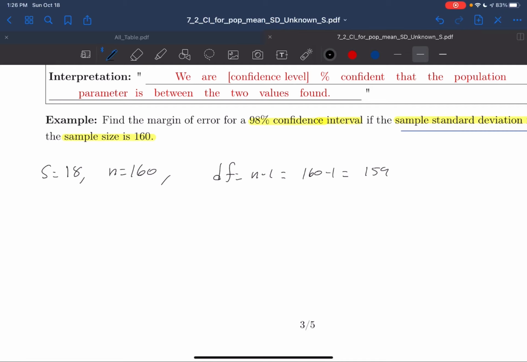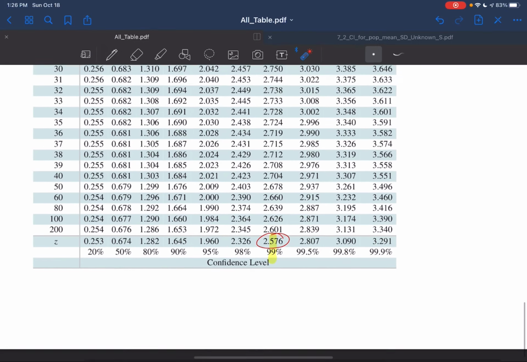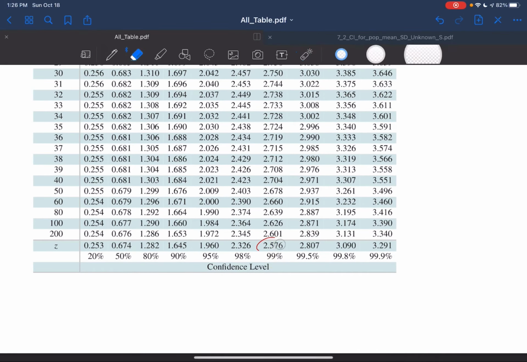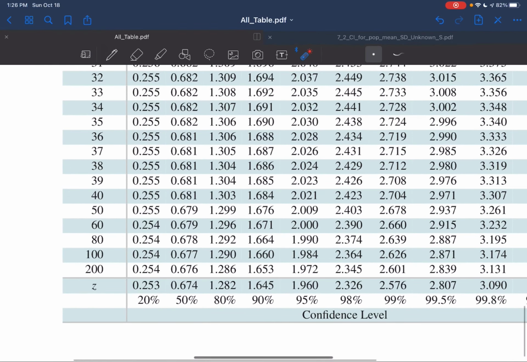So then, in order to find your critical value, t of alpha over 2, we need to know our degree of freedom. So we can look back at our table and look at where 159 is located. Since it's not in our table, we just use the value smaller than it.